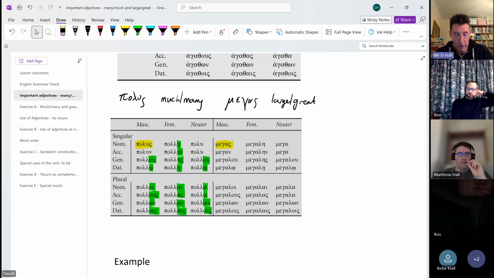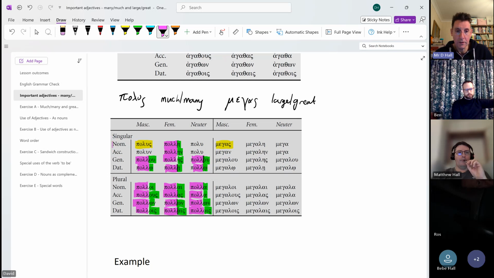And in fact, if you look at the ones I've highlighted green, you'll then notice that the main stem is poll with a double lambda. So the stem really for the word for many or much is actually poll, and it has a couple of irregular forms, which are the masculine nominative and accusative.